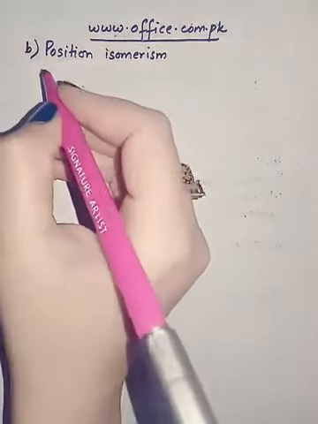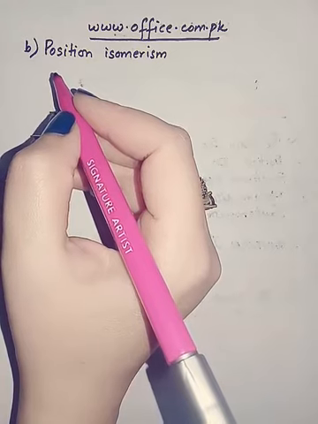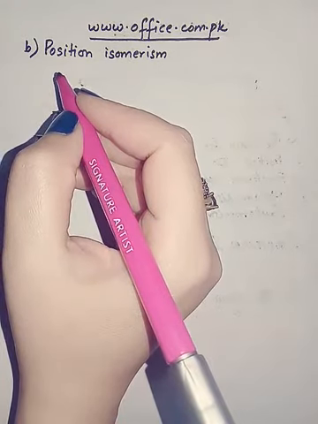Dear students, now let us talk about position isomerism. This type of isomerism will arise due to difference in the position of the same functional group on the carbon chain.